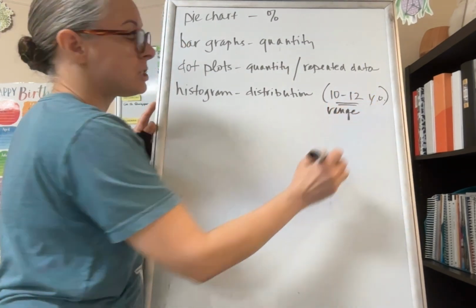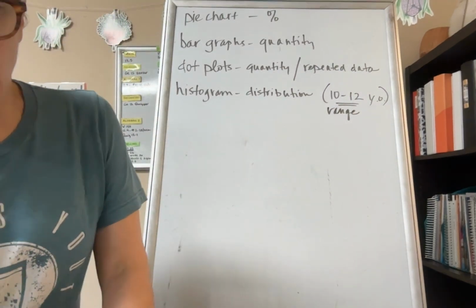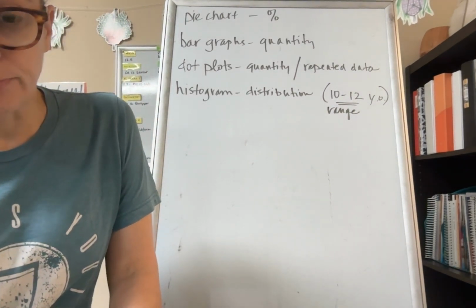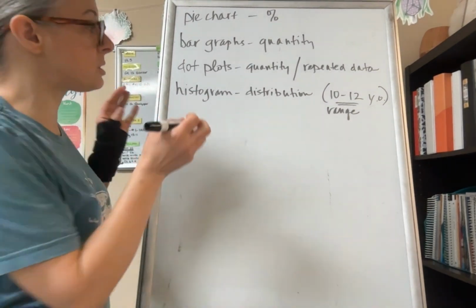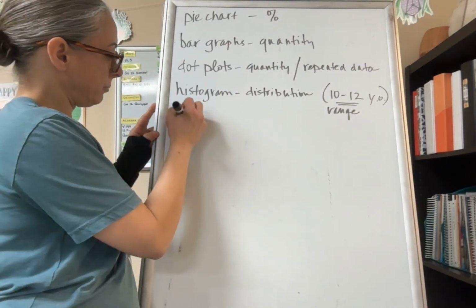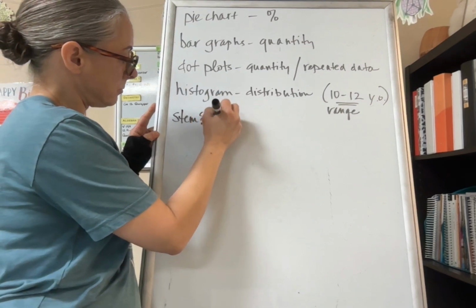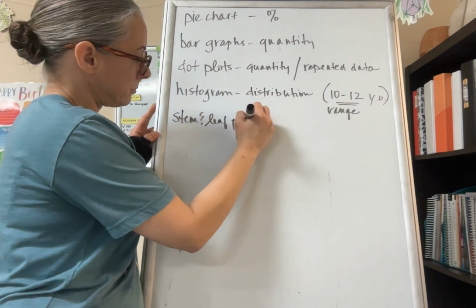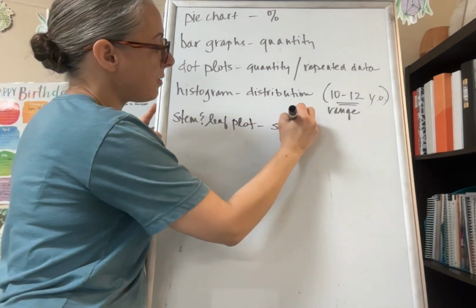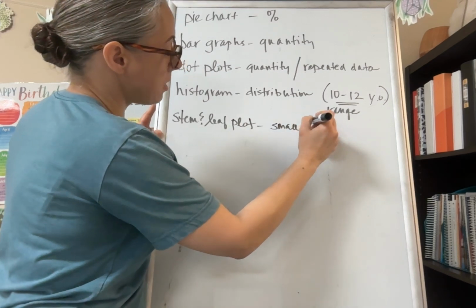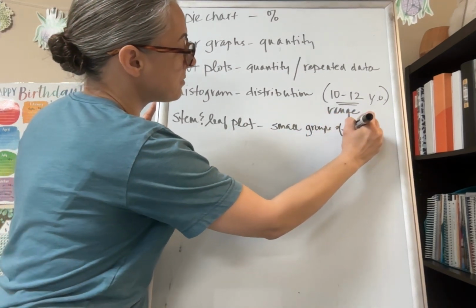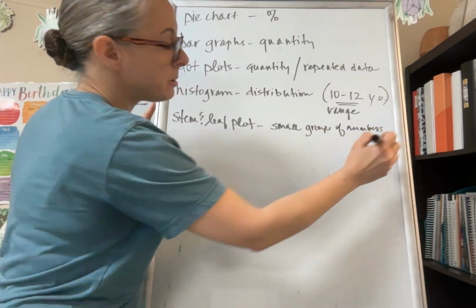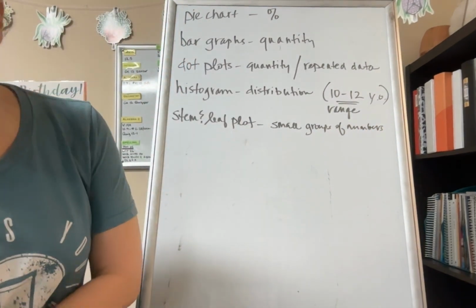We use histograms. Stem and leaf plots. Those are good when we have small groups of numbers. If you have a lot of data, you might not want to use a stem and leaf. But if you've got small groups of numbers, a stem and leaf can be useful.